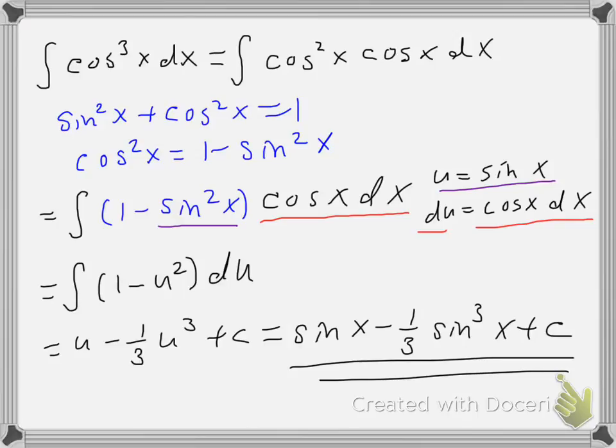In general, we try to write an integrand involving powers of sine and cosine in a form where we have only one sine factor and the remainder of the expression in terms of cosine, or only one cosine factor and the remainder of the expression in terms of sine.